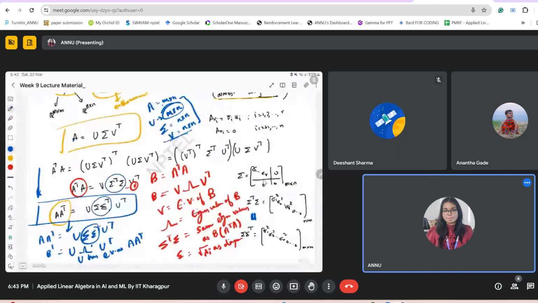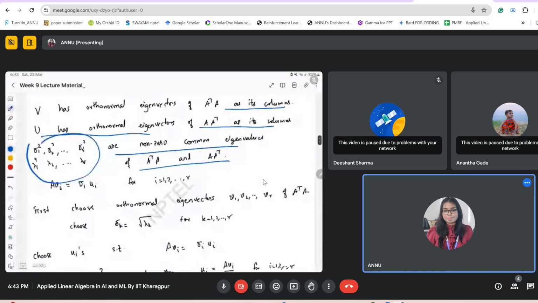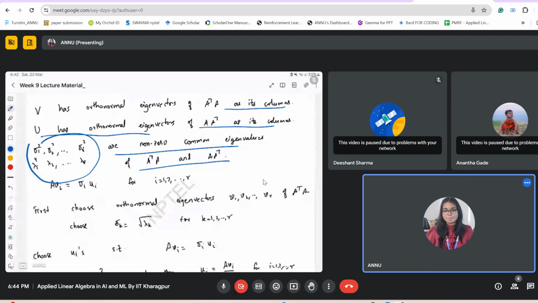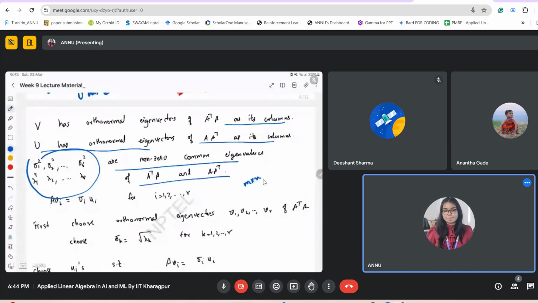So I'll just check it now. I think it should be like this: A transpose A, M cross N, N cross N; A A transpose, M cross N, N cross M. Okay, we will verify later, but I feel like this is the only dimension. But how basically this should be multiplied with this?